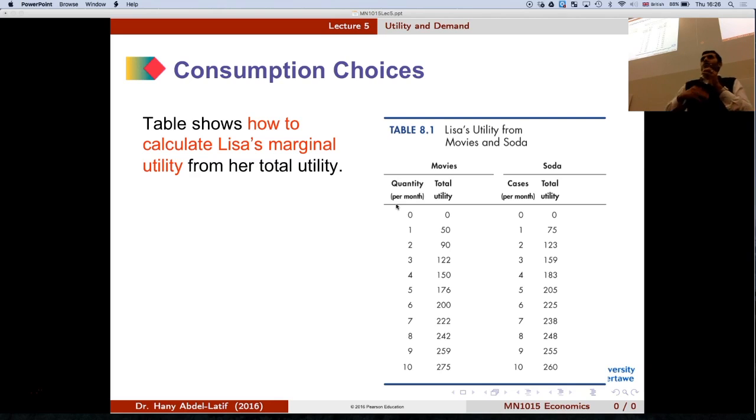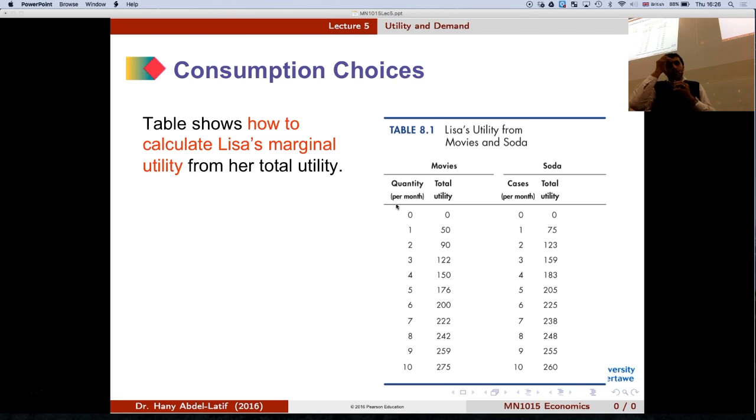Utility is the same thing. If I give you the same 3 bottles of water, you might not even be thirsty, so the satisfaction is much less compared to somebody who's thirsty. So it's going to be different from one to another. But for now, let's assume that we can.